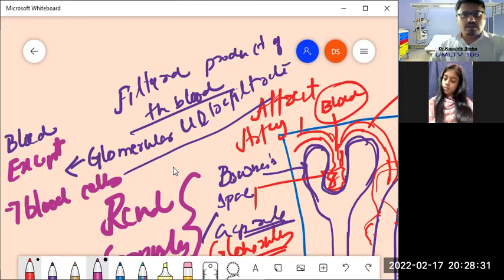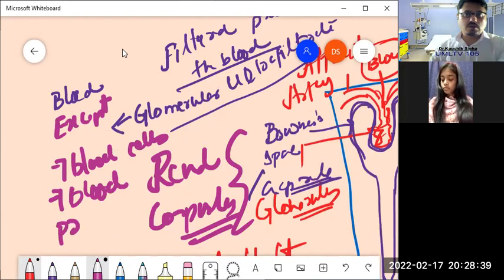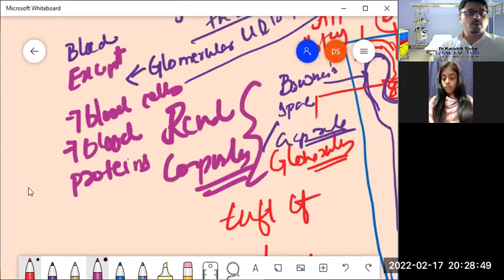And the other thing that is not found in the glomerular ultrafiltrate is blood proteins. What do I mean by blood proteins? Namely the proteins that help in blood coagulation, fibrinogen, fibrin and all that.